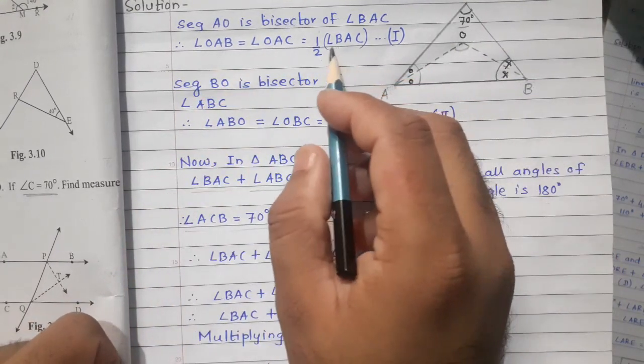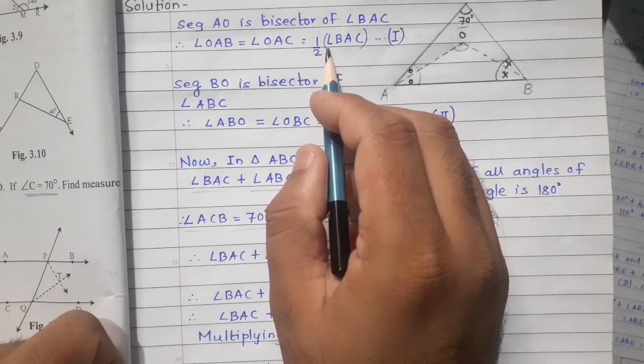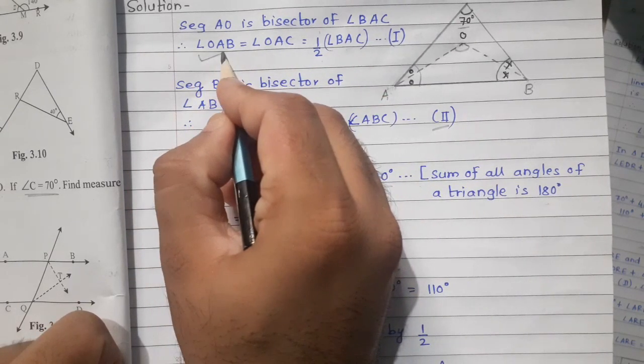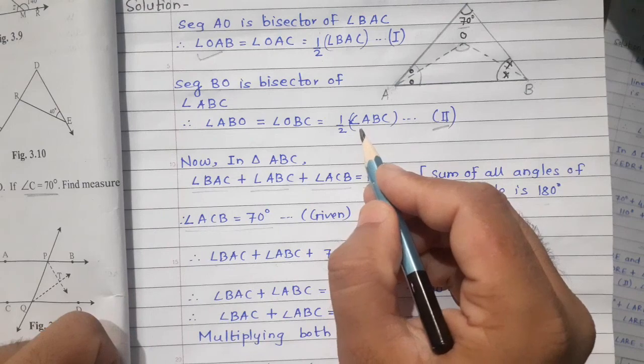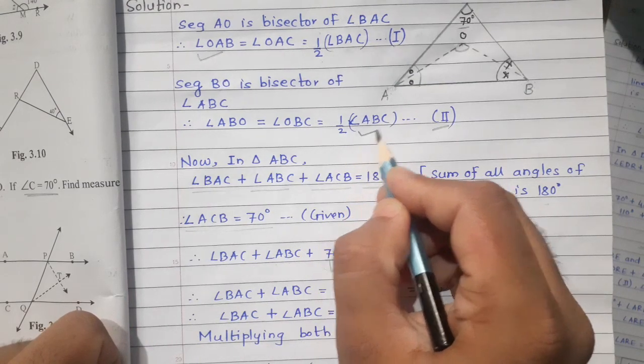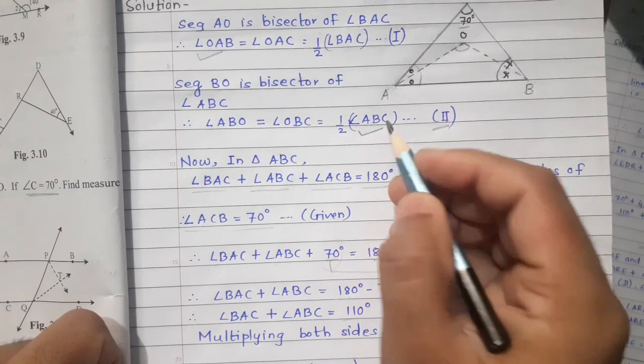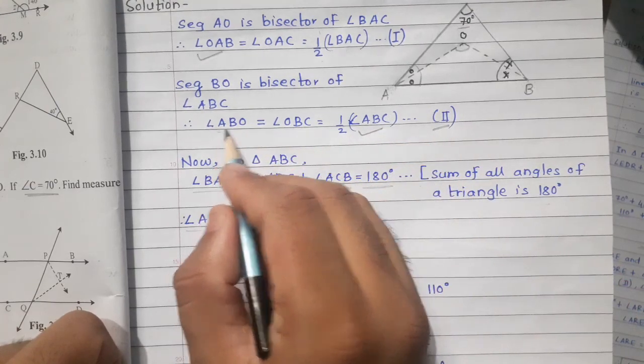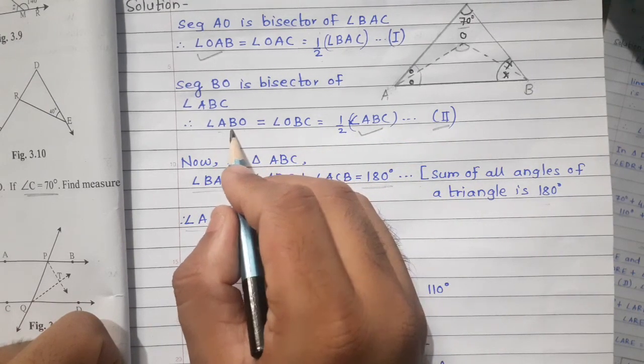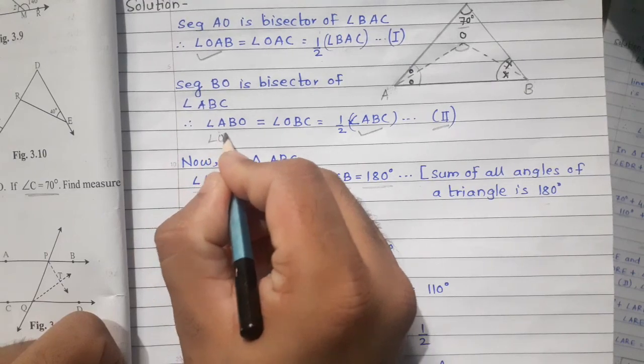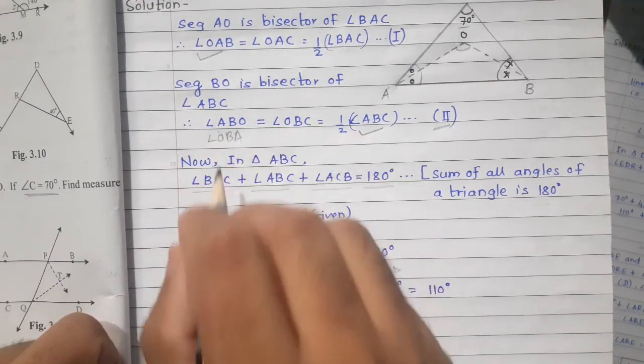So instead of 1 upon 2 multiplied by angle BAC, we can write angle OAB, and instead of 1 upon 2 multiplied by angle ABC, we can write angle ABO or angle OBA. You can write both of them.